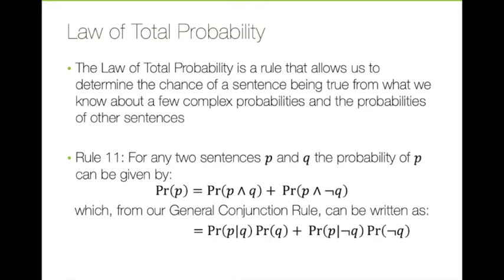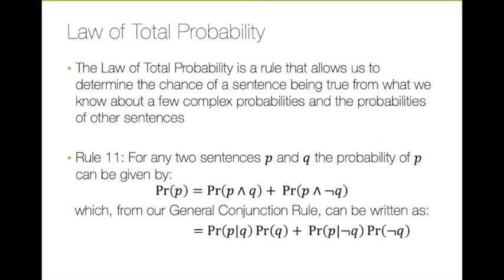Again, to clarify the relation between these two versions of the formula, the first one asks us to use the probability of conjunctions. The second version just uses the general conjunction rule to tell us how we calculate the probability of each of those conjunctions. So the general conjunction rule just tells us what we can substitute to do the calculation.